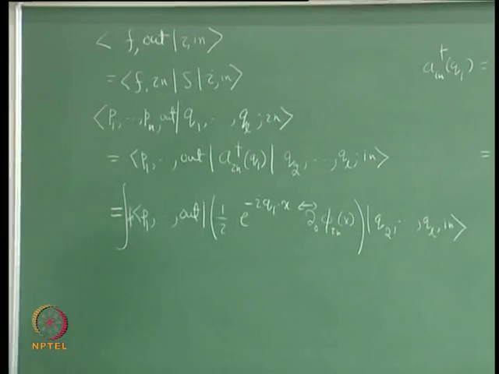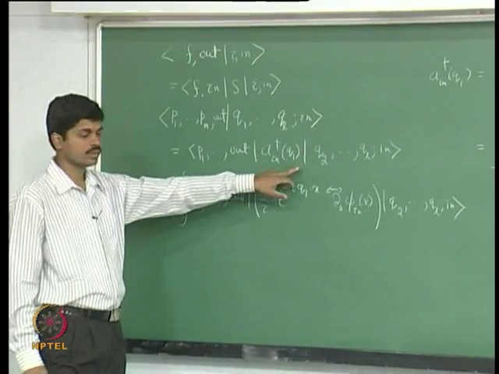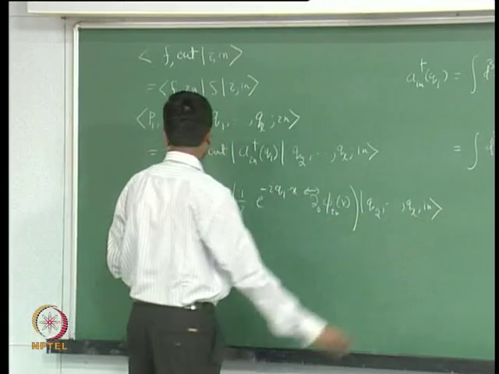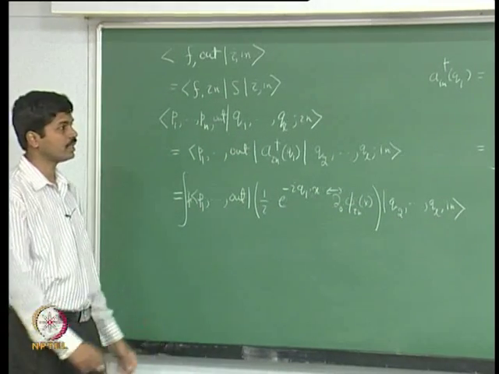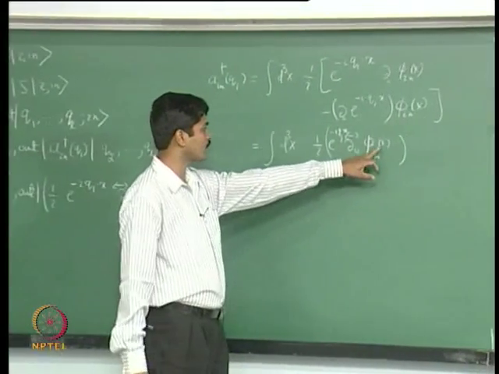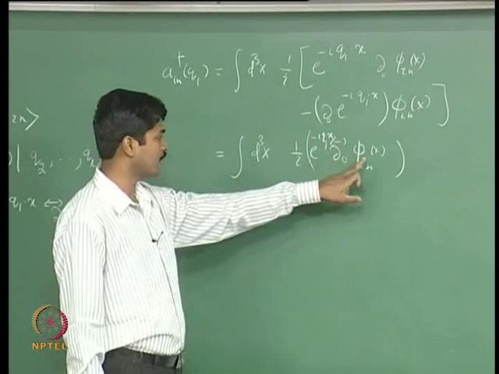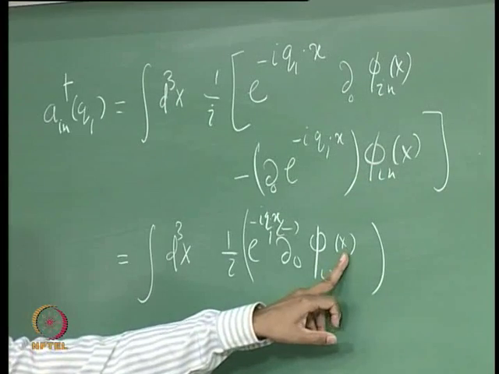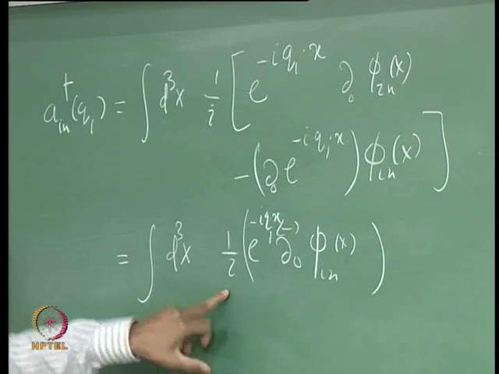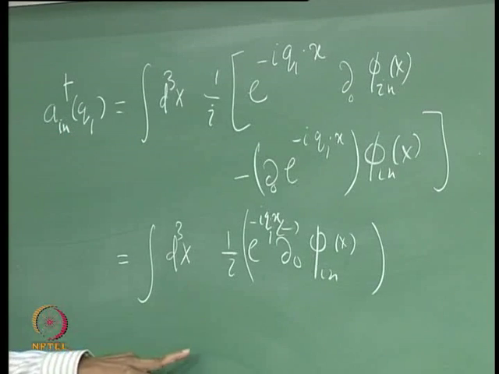Now, notice that this is time independent. When you carry out the integration, this expression also turns out to be time independent. Although e to the power i q1 dot x and phi_in of x are both time dependent, ultimately when you carry out the integration you get a_in dagger of q1, which is independent of time.